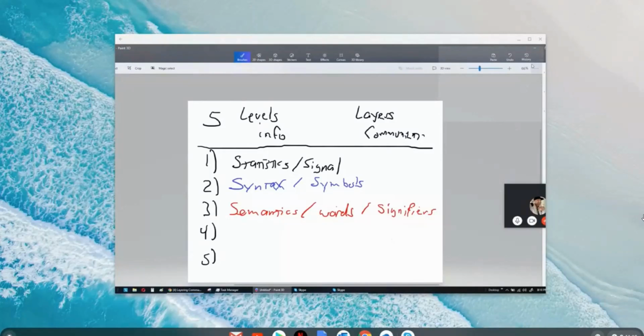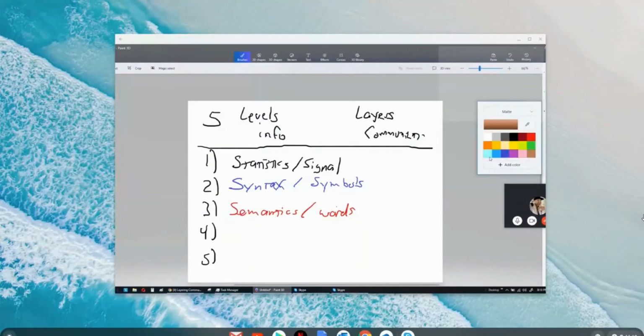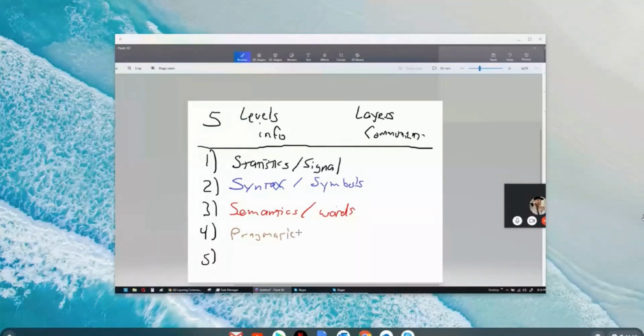That could be because the next level is pragmatics, and signifiers matter significantly in pragmatics, because when you get to pragmatics, now you go from semantics. So if I were, and I'm just going to use a fun example, if you're saying "let's eat grandpa" in semantics, you wouldn't have a signifier in that.